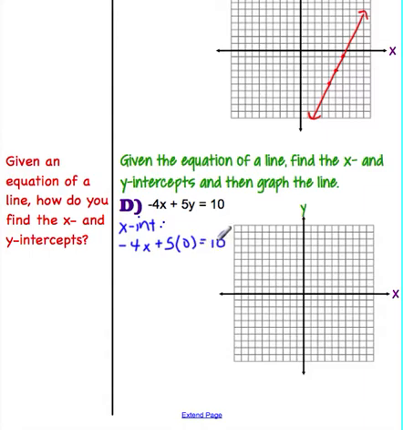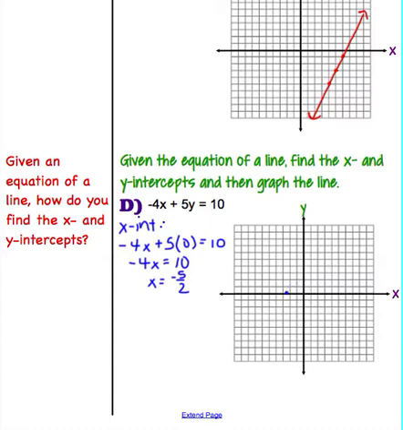And when I solve that, I get -4x equals 10. Divide by -4 on each side. Simplify. I get x equals -5/2, or -2 1/2. So I can go ahead and graph that. -2 1/2 on the x-axis is right there.